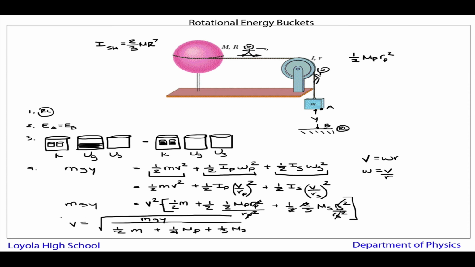That's our final answer right here. We have the square root of mgy over the total mass. Basically, it's the total mass of that entire system.